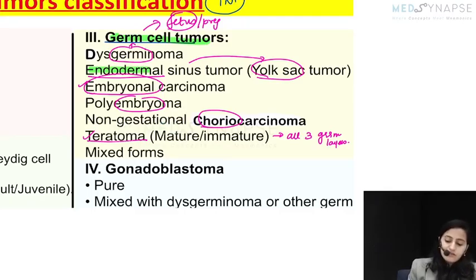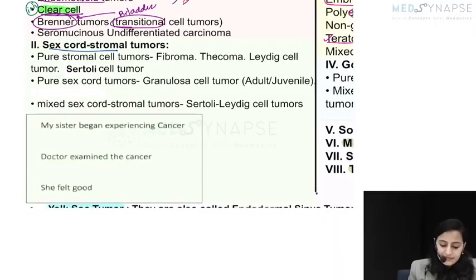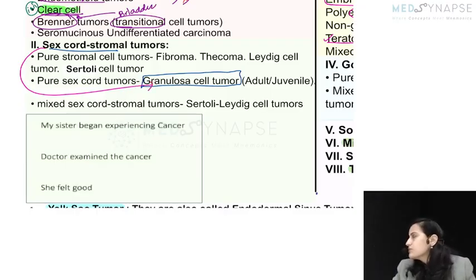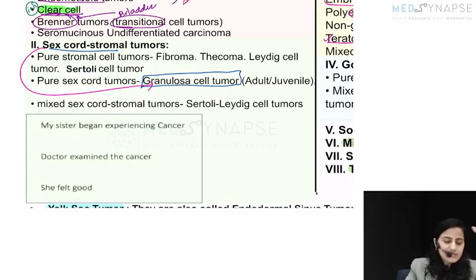What is left that is important? Granulosa cell tumor is what kind of tumor? Neither epithelial nor germ cell. So this is sex cord stromal tumor. It is like the supporting cell. So whatever are supporting cells, supporting stroma, it is sex cord stromal tumor.